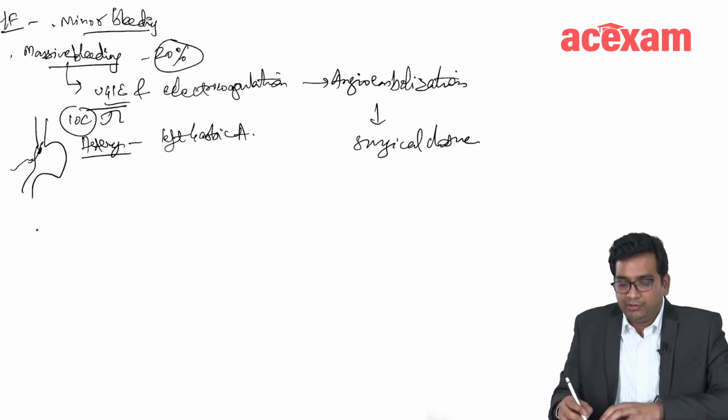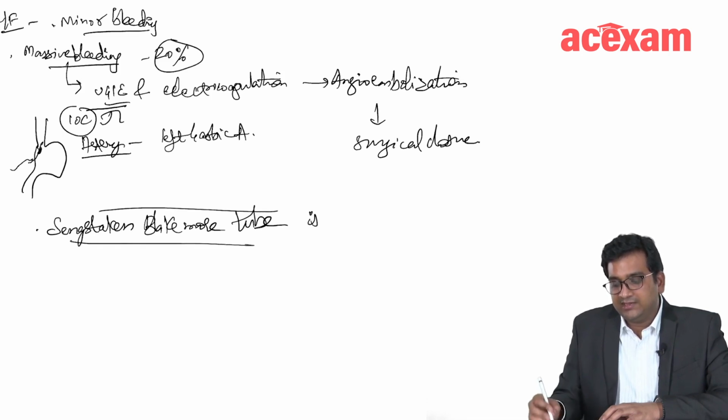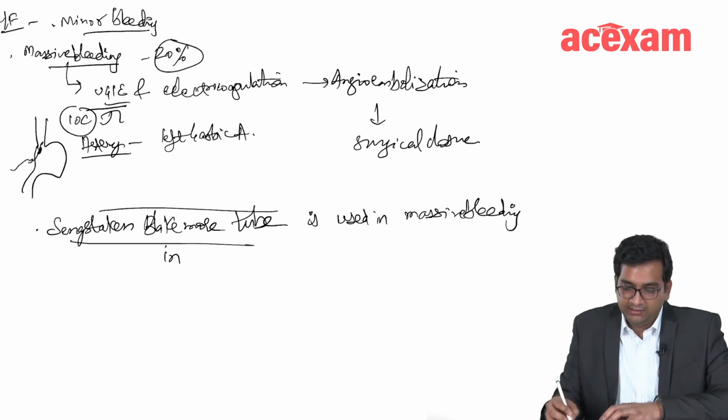Now, an important topic, whether we will use a Sengstaken-Blakemore tube or not. Sengstaken-Blakemore tube is used in massive bleeding in Mallory-Weiss tear.